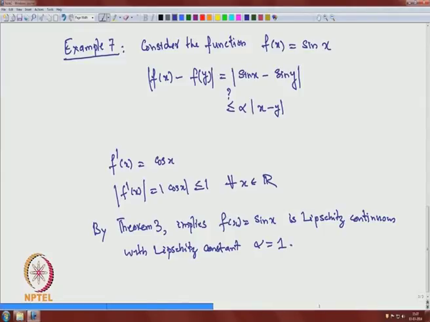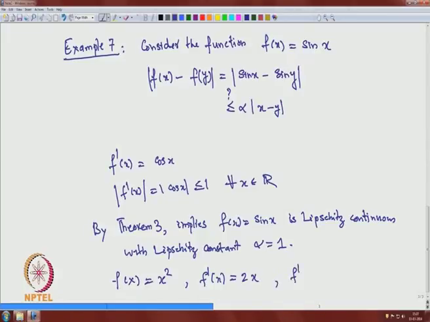So, it is a very good test. If you just recall the function which we considered, f(x) equal to x squared, the derivative is f'(x) equal to 2x, and 2x is not bounded globally, but whenever x is bounded, 2x is bounded.